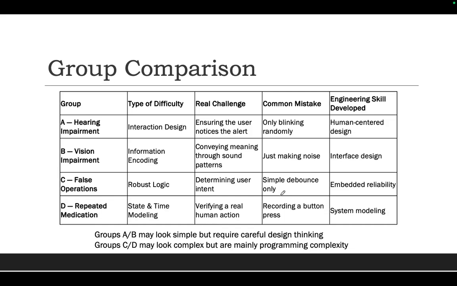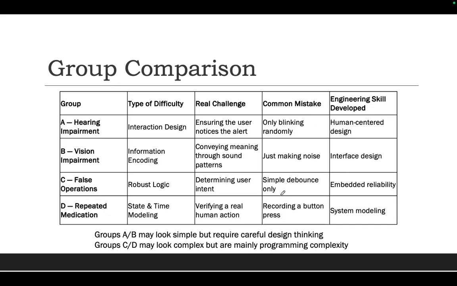They also have different real challenges: A, ensuring the user notices the alert; B, conveying meaning through patterns; C, determining user intent; D, verifying real human action. For engineering skill development: A is human-centered design, B is interface design, C is embedded reliability, and D is system modeling.